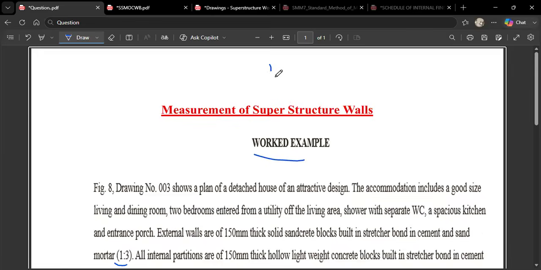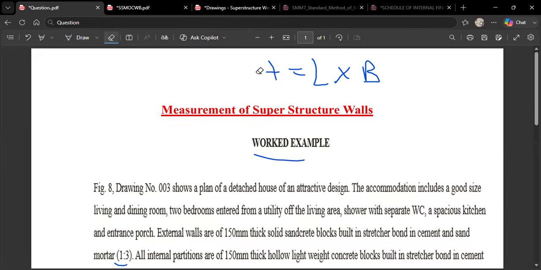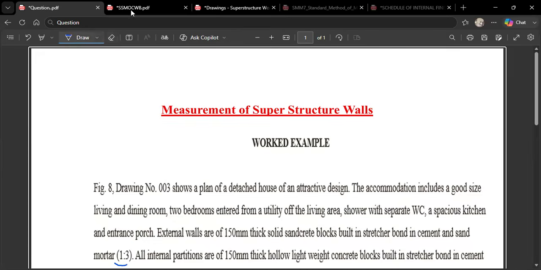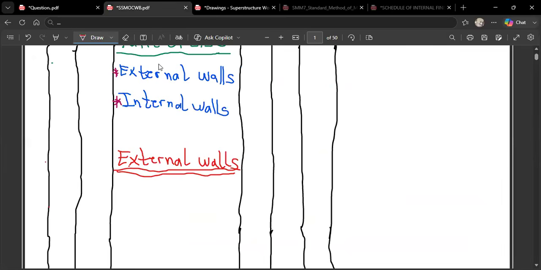Area is equal to length times breadth. So we look for the length, we also look for the breadth, and we multiply to get the area. From this idea, we need two dimensions. Straightforward.